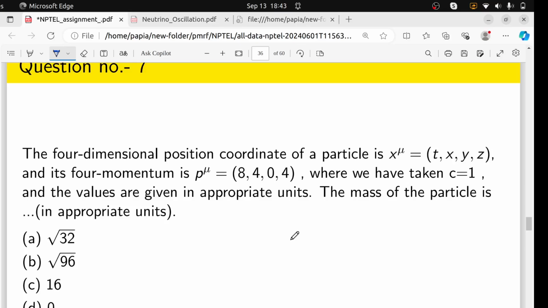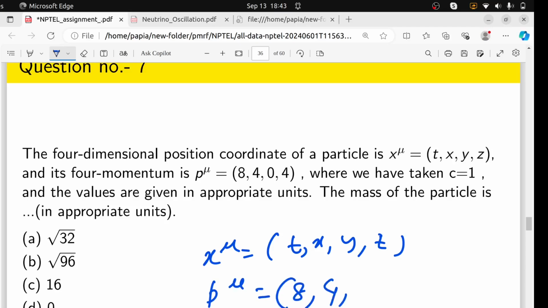This is the question. In that question, x mu is t x y z, which gives no values, so it's simply information. But p mu is important here.